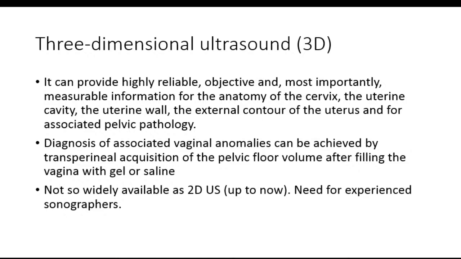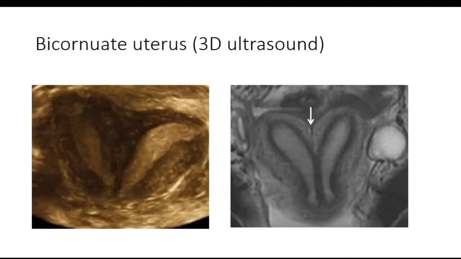It's not so widely available like 2D ultrasound, and it needs experienced sonographers, but it may be useful at the tertiary level of hospitals. You see here bicornuate uterus on both of those photographs for definite diagnosis.